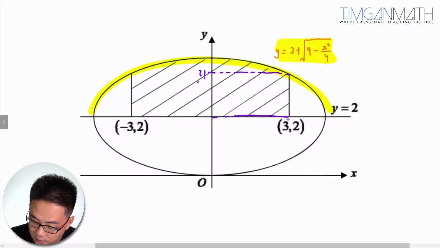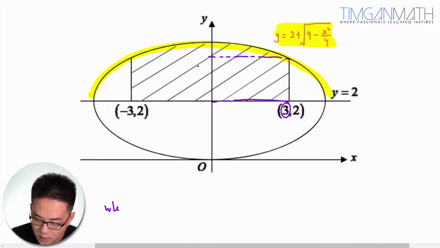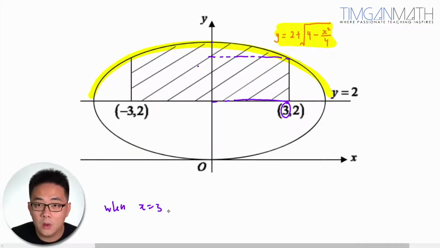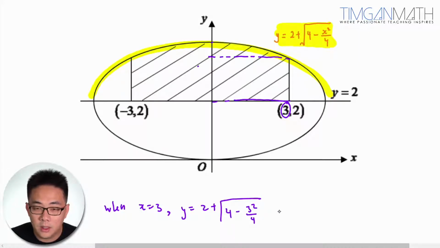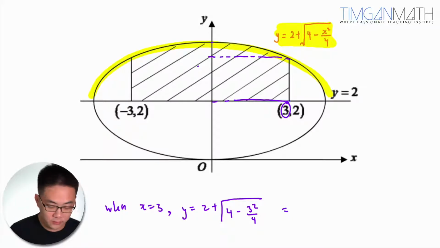So this is when x equals 3. Okay, so I'm just going to key this in. When x equals 3, we know that y equals 2 plus the square root of 4 minus 3 squared over 4, and after which I will get 4 minus 9 over 4, which is actually 7 over 4.